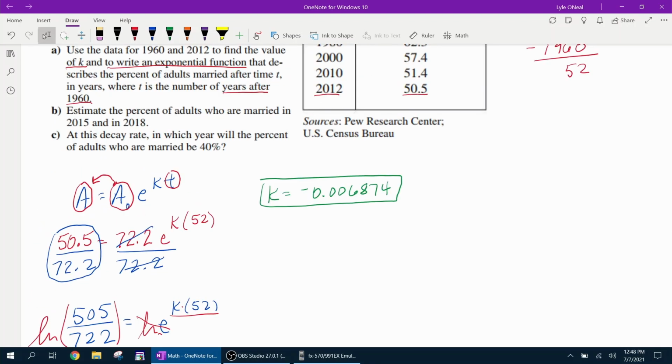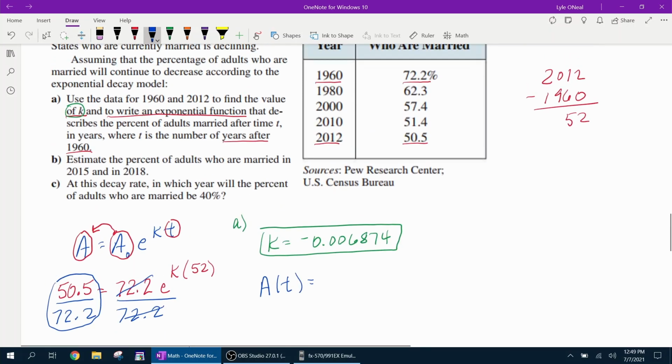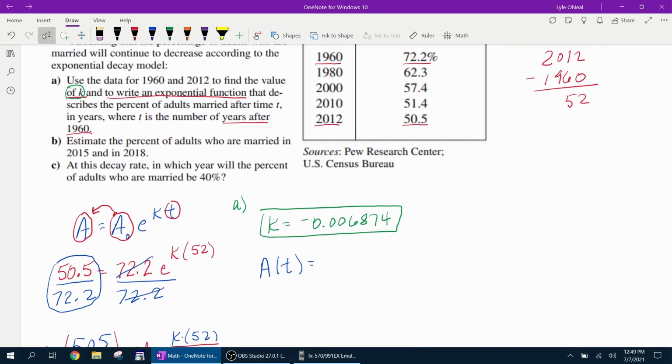So this is the first part of part A, where they want us to find the value of k. Now we're going to write the exponential function that describes this decay. So remember, we need to use function notation for that. A of t will equal the initial amount, which is going to be 72.2, because that is the percentage that we started with.